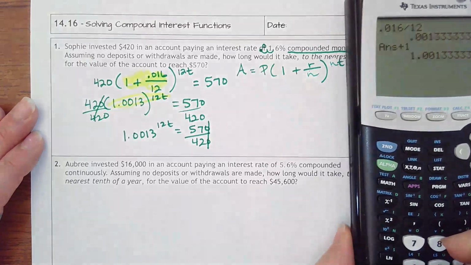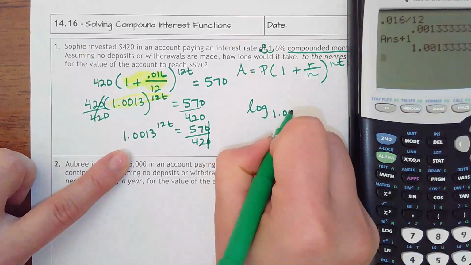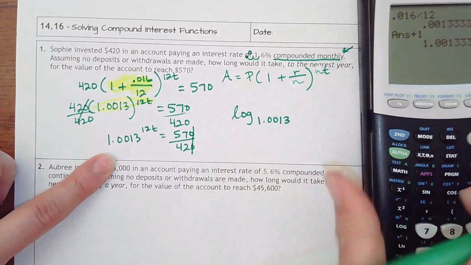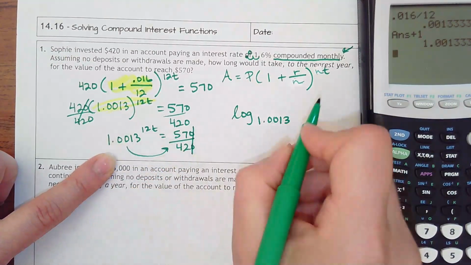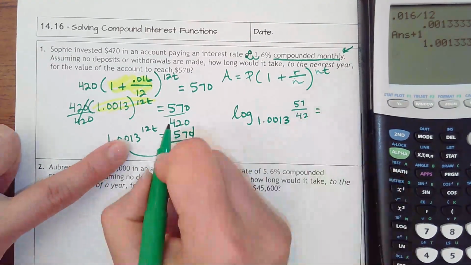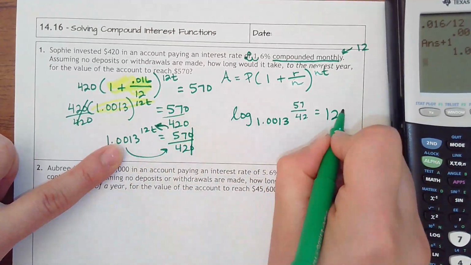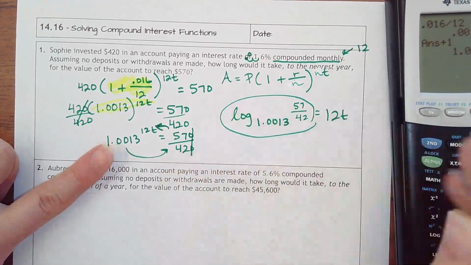Okay, I'm ready to turn it into a log. Log with a base of this 1.0013 of 57 over 42 equals the power, which is 12t. Change the base right here.